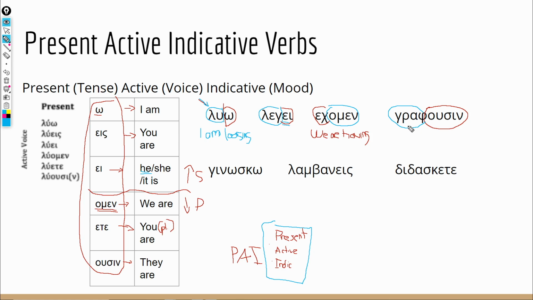But as a verb, of course, it means like I am writing, or someone is writing something, or someone has wrote something. In this case, we know it's present active indicative because of the ending, and we match these up, and you say, okay, that is third person plural. Therefore, you could safely translate this biblical word as they, right? They are writing.